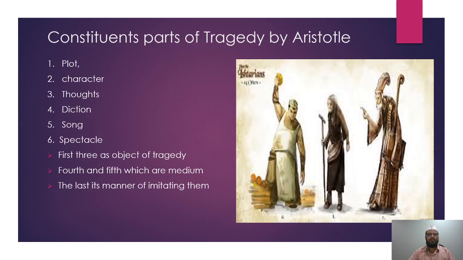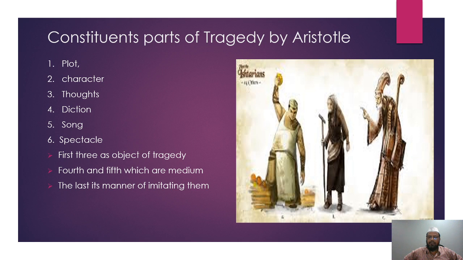So friends, there are 6 constituent parts of tragedy. The first one is plot. Plot is regarded as the soul of tragedy. Aristotle says that plot should have a beginning, a middle, and end.